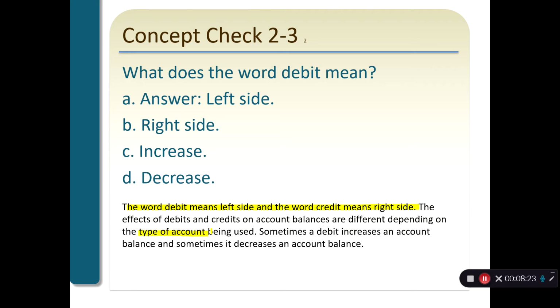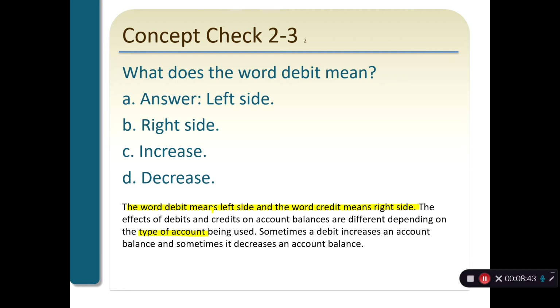You cannot say debit always records increasing, or credit always records decreasing, because that's only true for the asset account, dividend account, or expense account.